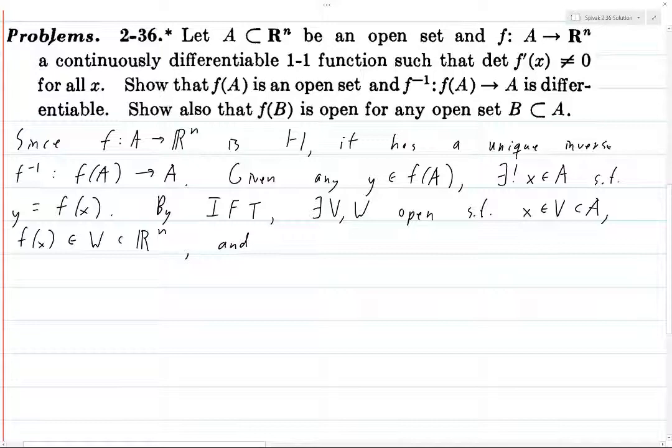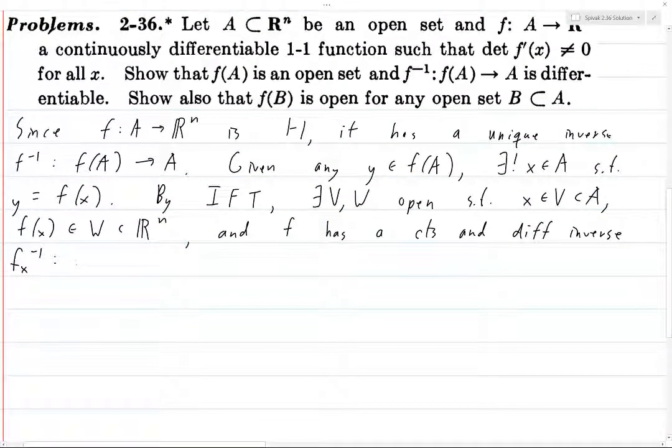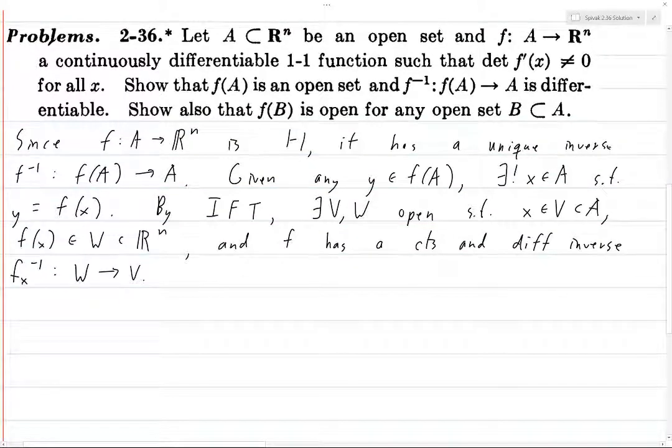So f has a continuous and differentiable inverse, and we're going to call this fx inverse. And it's going to go from W to V. Now, basically the reason I call this fx inverse and not f inverse is that this is technically not the same function as f inverse.